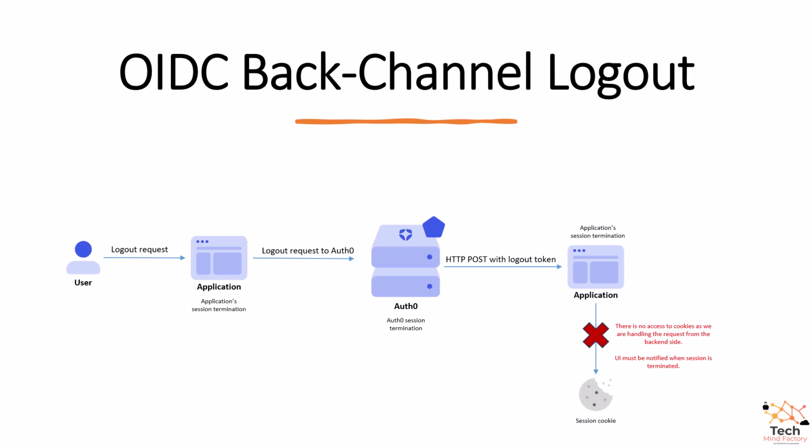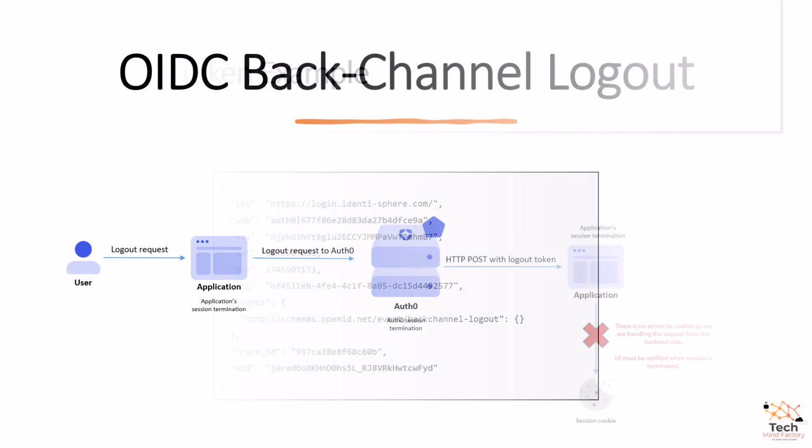So now adjust the UI, change the view, display information that the user logged out and the session was terminated, something like this. So it's very important to remember that we do not have access to the session cookie that is stored in the browser in this scenario. So we have to implement handling those notifications between the UI and the backend part. Yes, and that's what I will be showing in the demo part in this video.